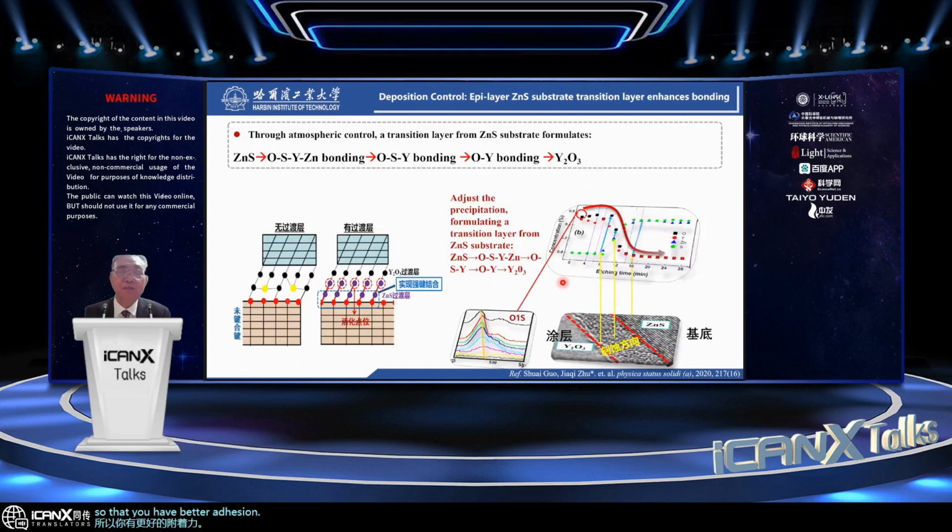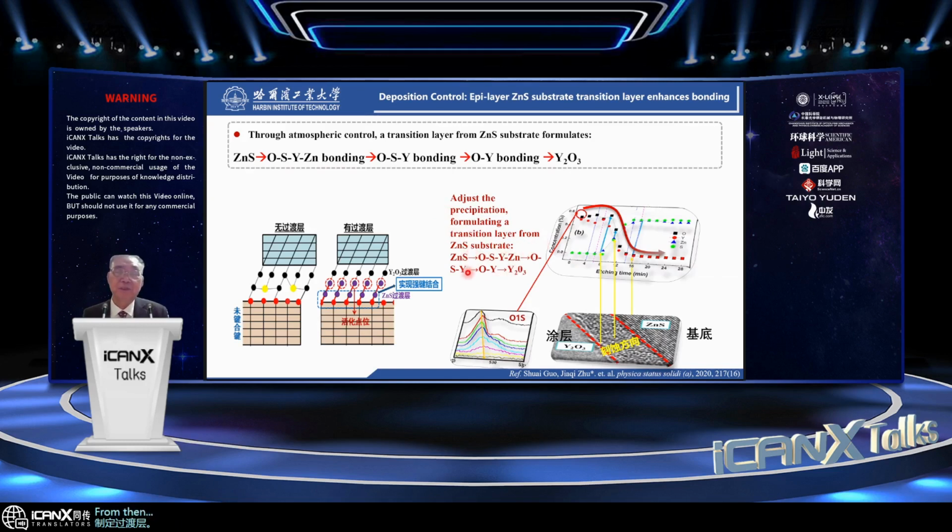And there's another way after that: making chemical bonding, making a transition layer. So like here you have this ZnS substrate. Eventually you want to make a coating of Y2O3. But if you directly make that, it may not be good. So you need to adjust the precipitation, formulating a transition layer.